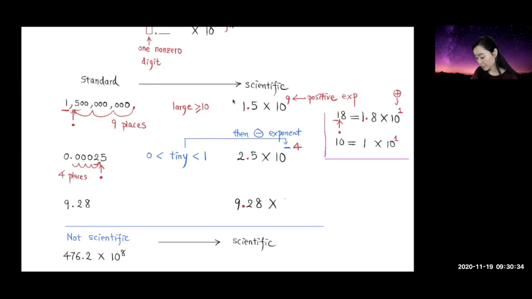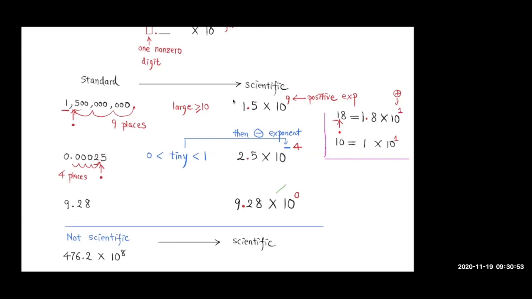And then times 10, if you really want to represent it in scientific notation, you have to times 10 to the what power? Guess what power that would be? 0 power, yes. Remember last time we talked about 10 to the 0 power, it is what? 1. Yes, you got it.